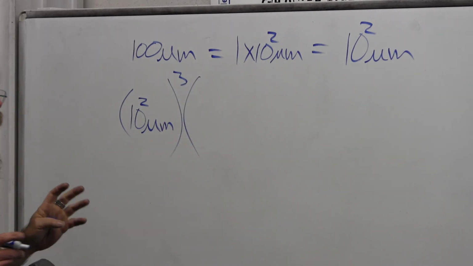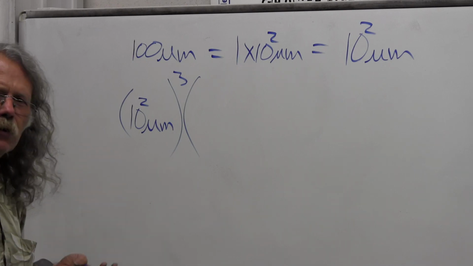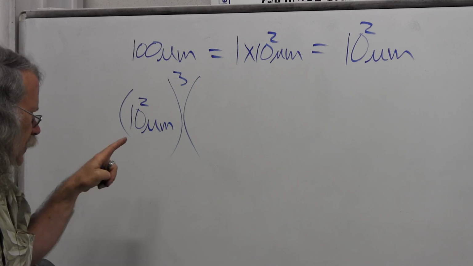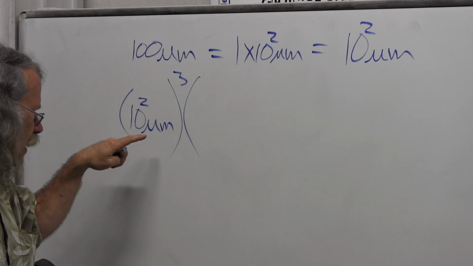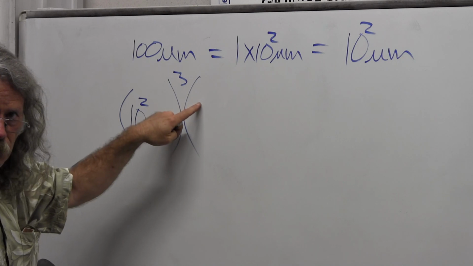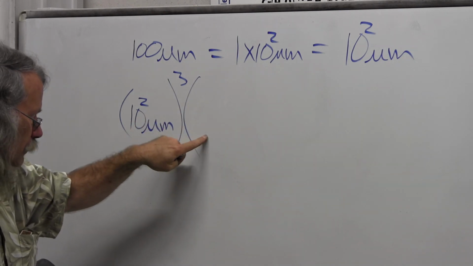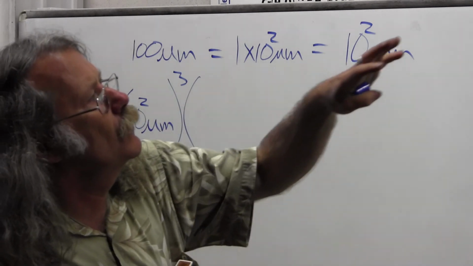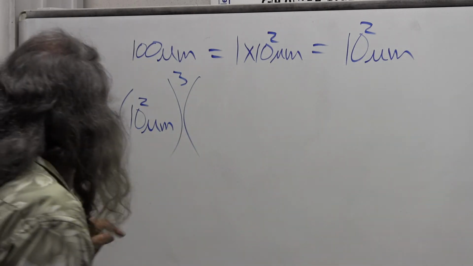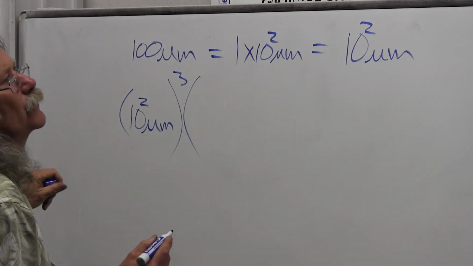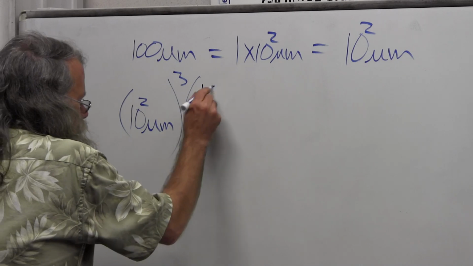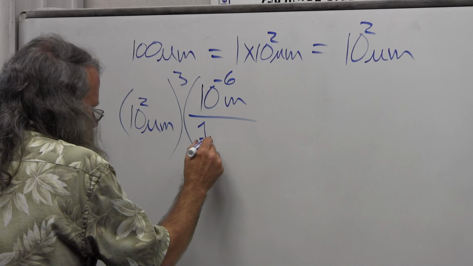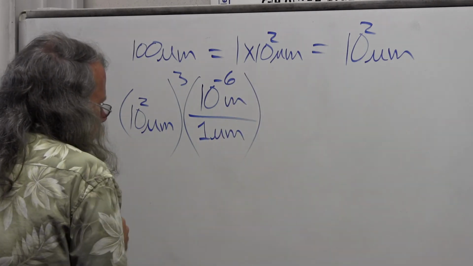I'm going from microns, I'm going to need to convert microns to meters, and so I'm going to need a term that has meters on the top and microns on the bottom. And so it turns out that what we were given here, what were we given? 1 micrometer equals 10 to the negative 6 meters.